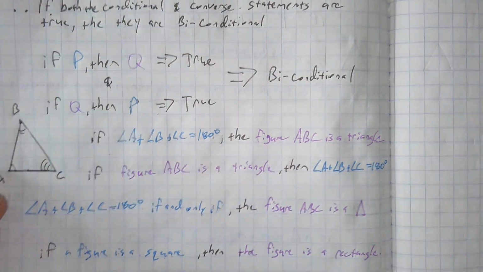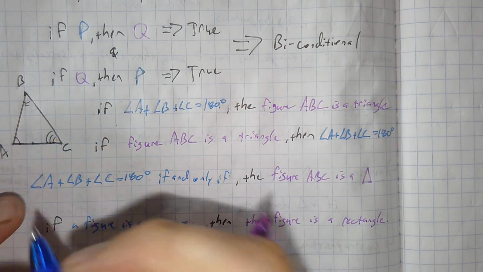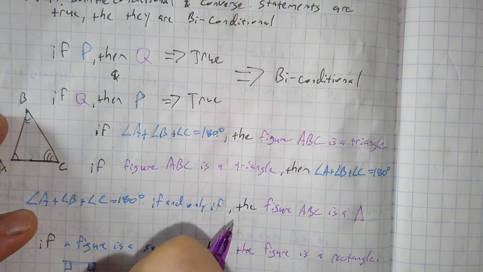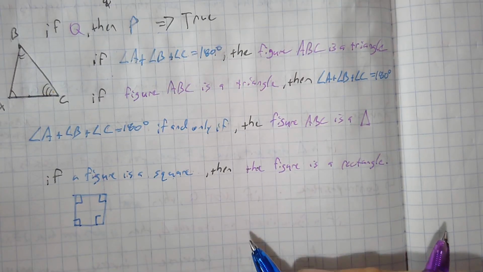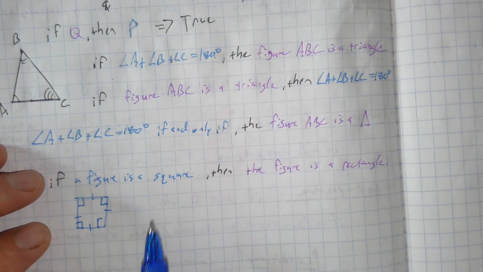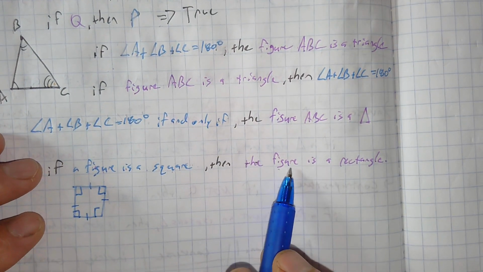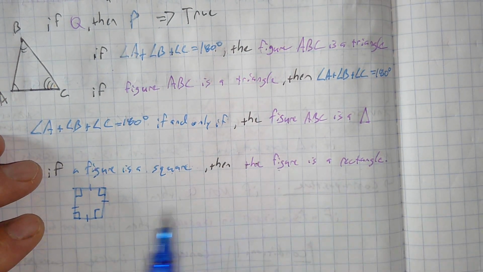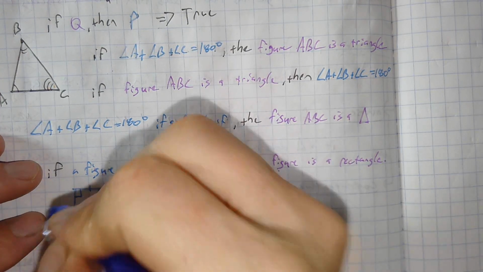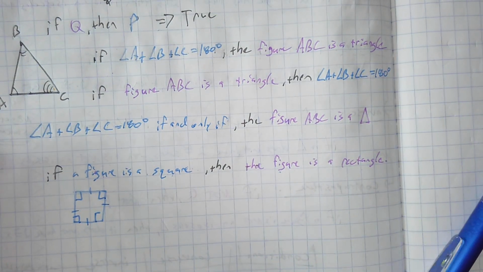So if I have a square with 4 right angles, and all of these sides are the same length, it satisfies the requirement for it to be a rectangle, because all you need for a rectangle is for these 4 angles of this quadrilateral to be right angles.